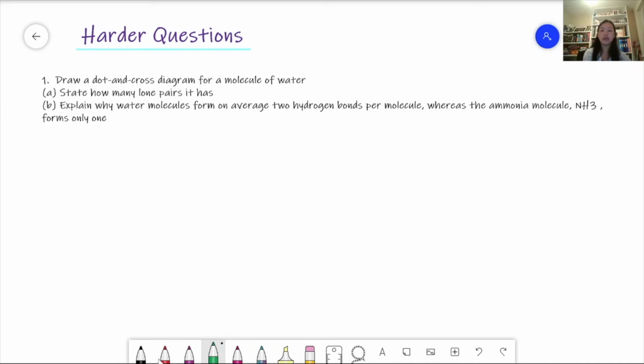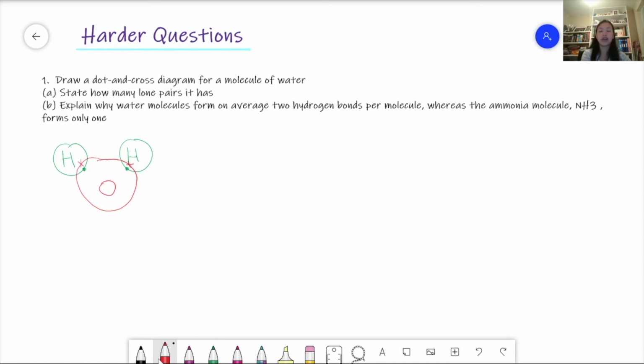So starting with the dot and cross diagram for a molecule of water, we have 2 hydrogen atoms and 1 oxygen atom. And so the hydrogens each share an electron with the oxygen. And so the oxygen shares an electron back.